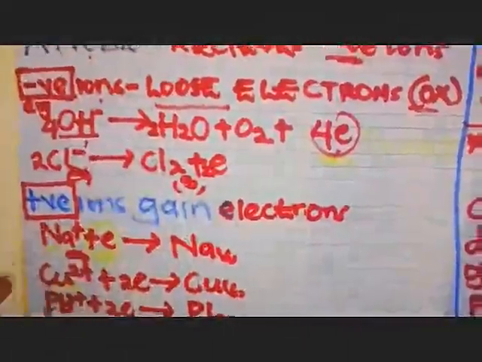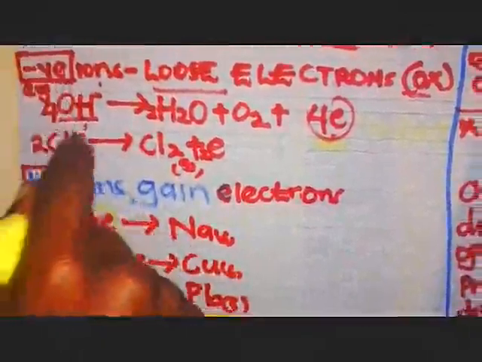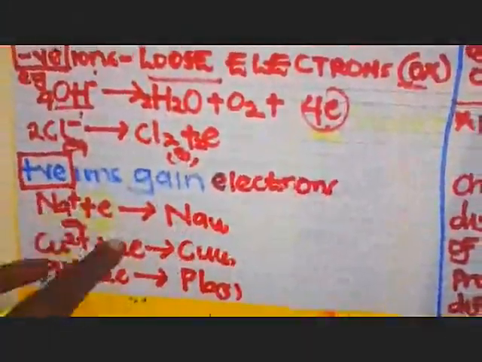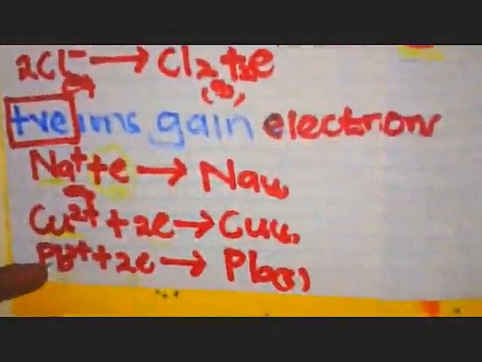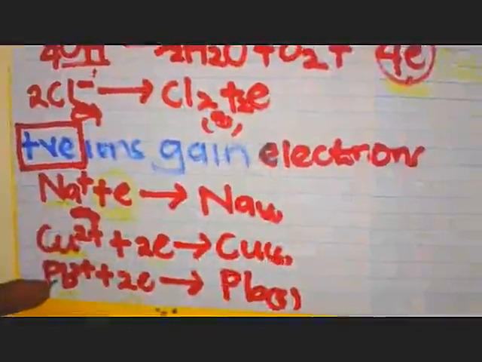As we say, with the anode we have anions and oxidation. Then at the cathode we have the positive ions, the cations, and reduction. So cathode, cation, reduction. Those are brothers and sisters. Then anode, anion, oxidation.